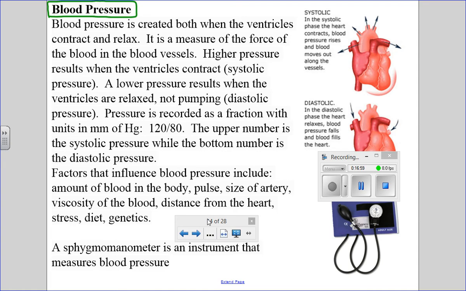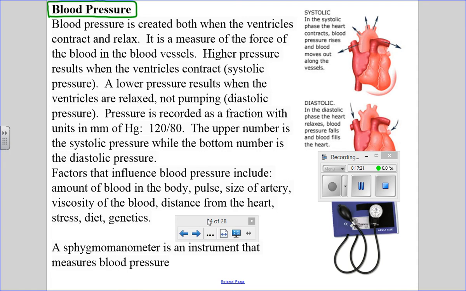But the problem with those is that sometimes it doesn't get a good reading. And so we do have a couple of manual ones, but it usually takes quite a bit of practice to get good at taking someone's blood pressure with a manual blood pressure cuff. So I'll show you how they work at the very least, but we're going to use digital ones.